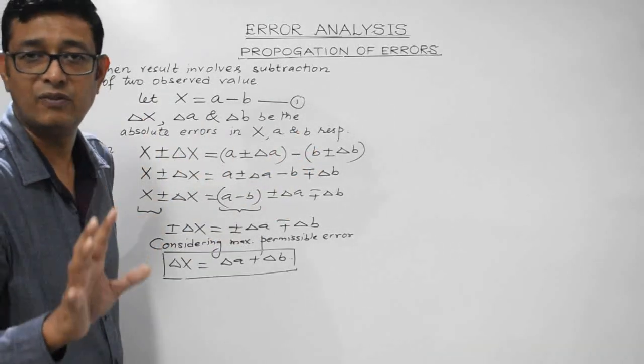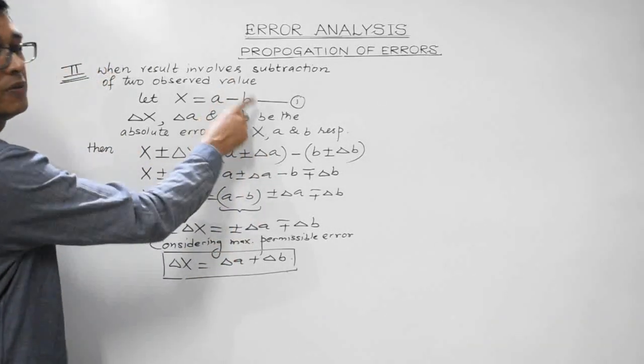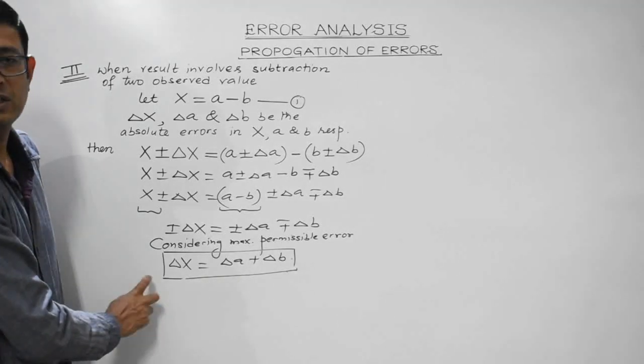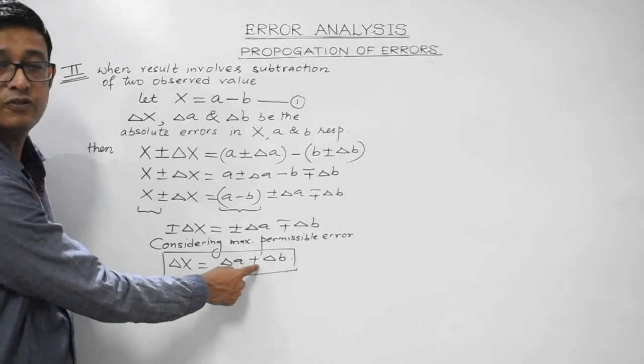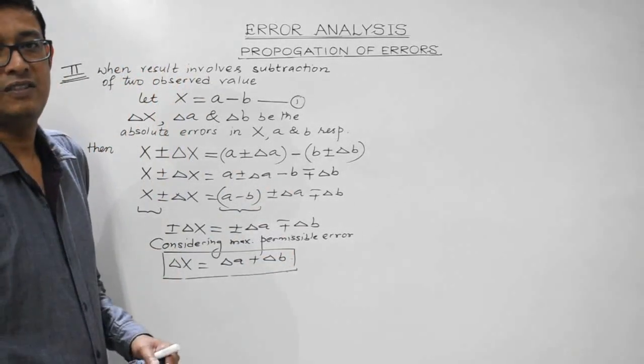The maximum absolute error in the result X is given by the sum of the maximum absolute errors in A and B. Right?